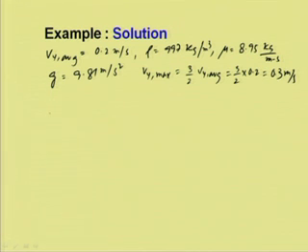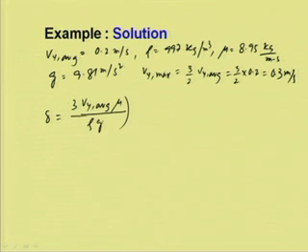Now, we can calculate the film thickness delta, which is equal to 3 V y average mu by rho g, to the power half.